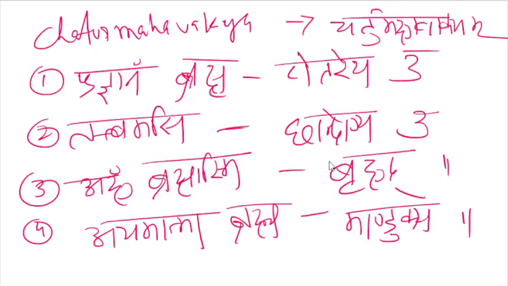Pragyanam Brahma means Brahma is all about consciousness. Tattvamasi, you are that. Aham Brahmasmi, I am Brahman. And Ayam Atma Brahma, this Atma is Brahma, in the Mandukya Upanishad. So Chatur Mahavakya should be kept in mind.